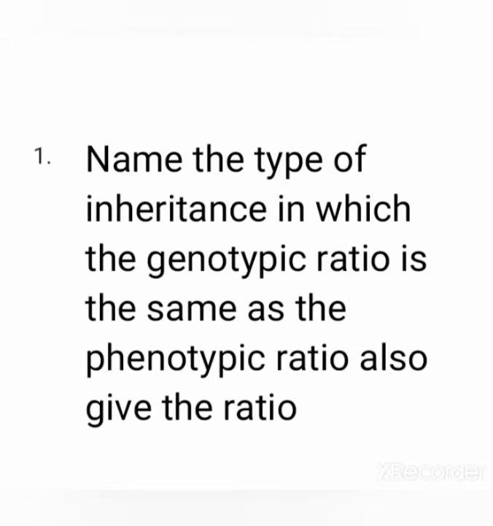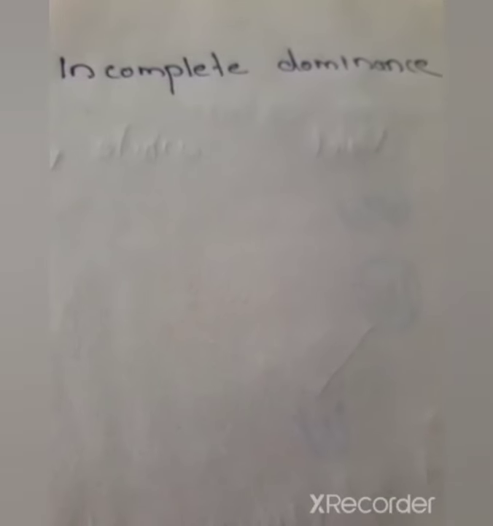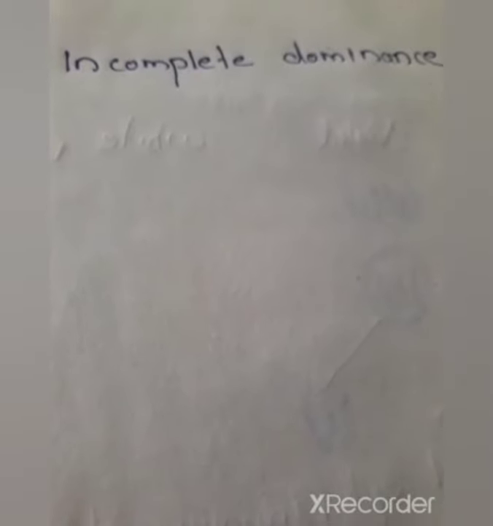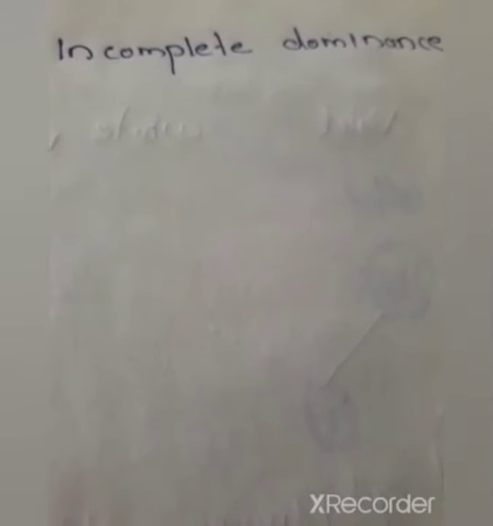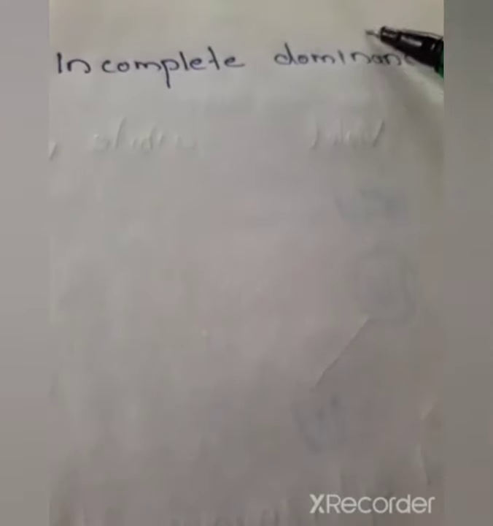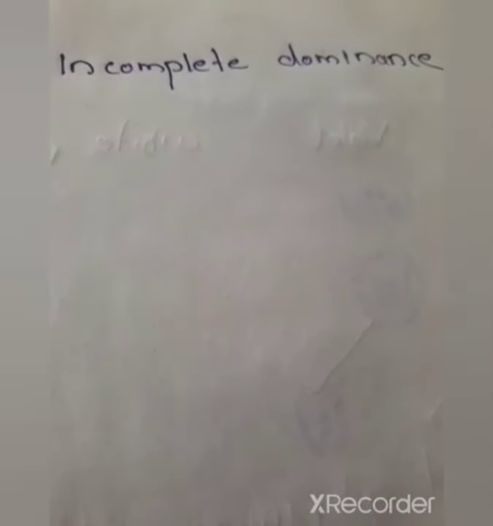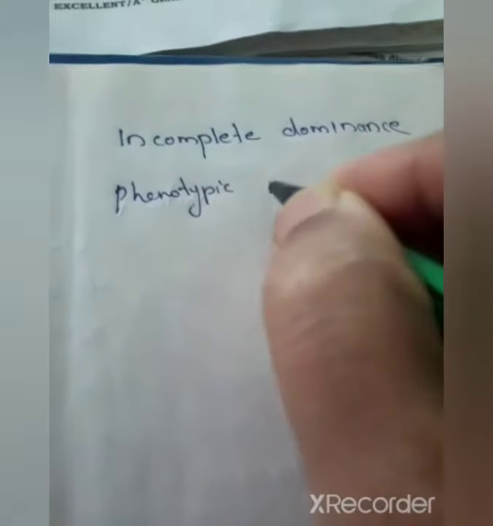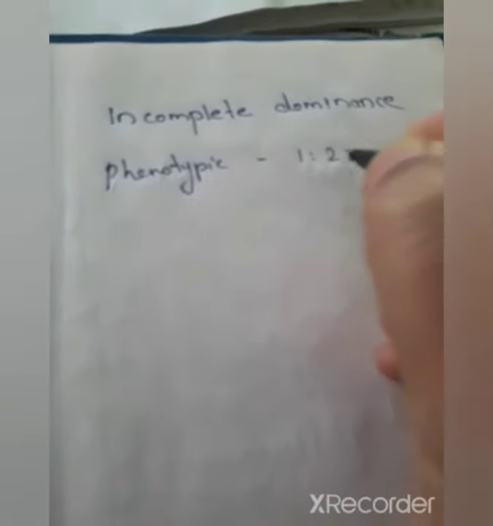Okay. The type of inheritance in which the genotypic ratio is the same as the phenotypic ratio. In Mendel's laws of monohybrid cross, it is incomplete dominance. In incomplete dominance, the phenotypic and the genotypic ratio are the same. The phenotypic ratio is 1:2:1.